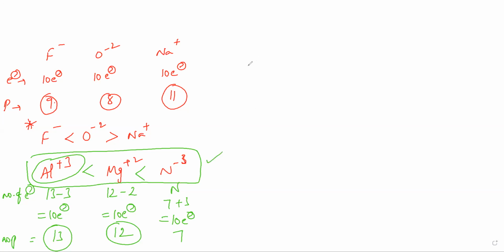So what is the generalization here? Effective nuclear charge. This is the generalization. If effective nuclear charge is increasing, then what happens to its ionic size? Its ionic size is decreasing.